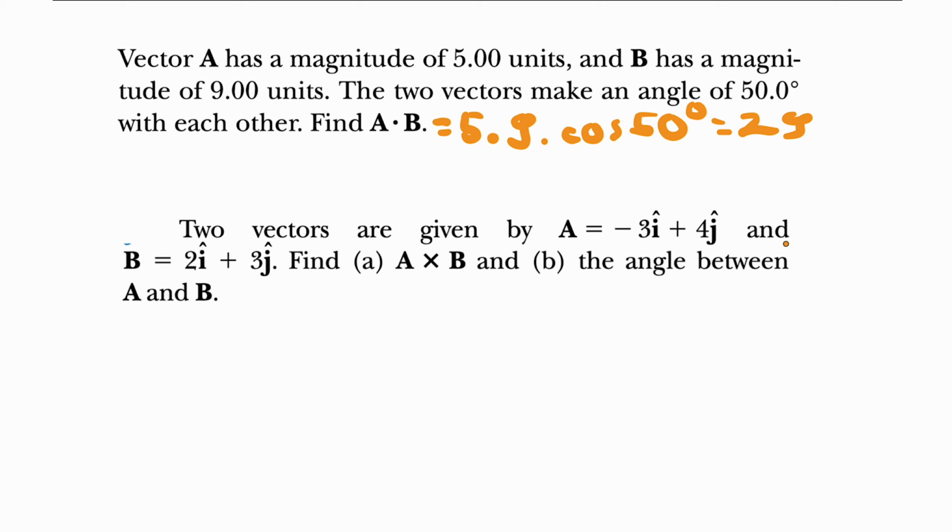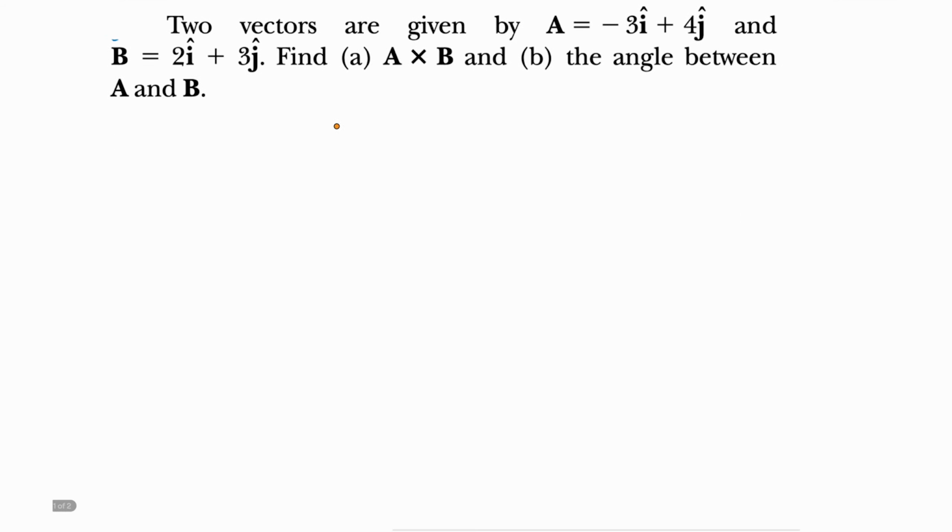So two vectors are given by A is equal to minus 3i plus 4j and B is equal to 2i plus 3j. Find A cross B and the angle between A and B. So how about we first represent these in our Cartesian system?